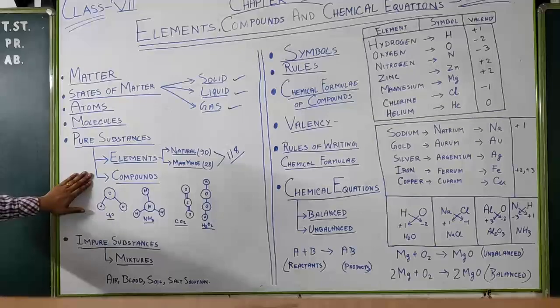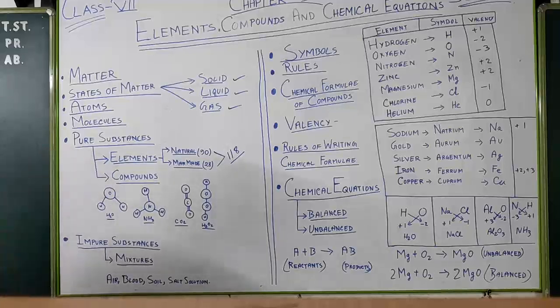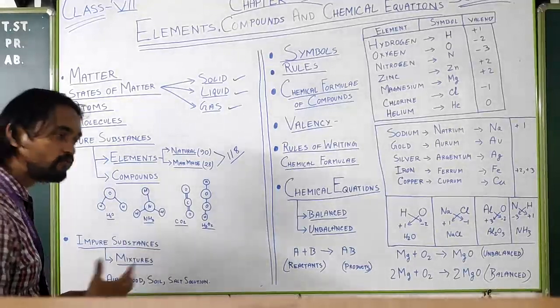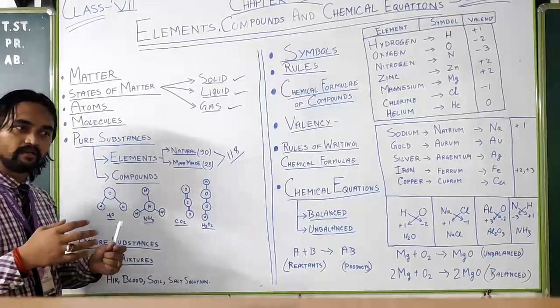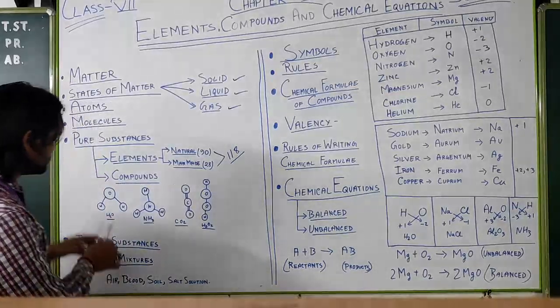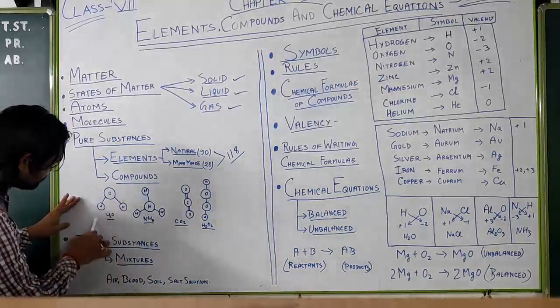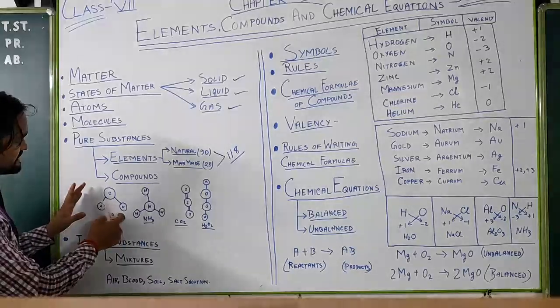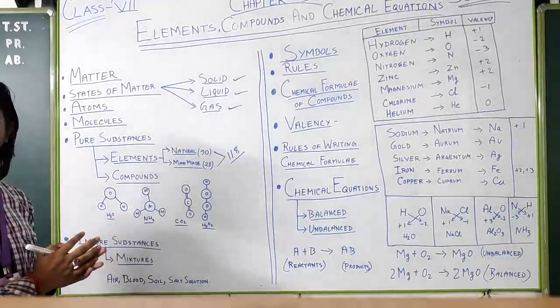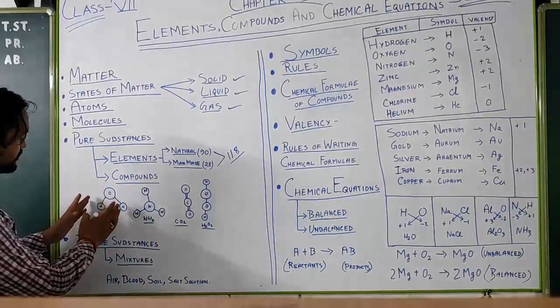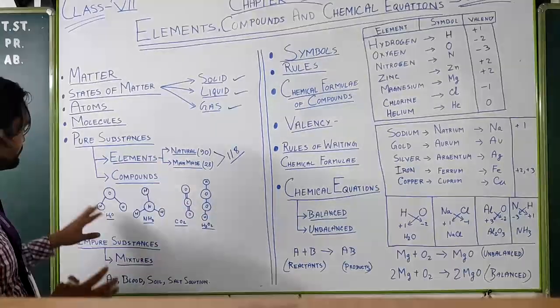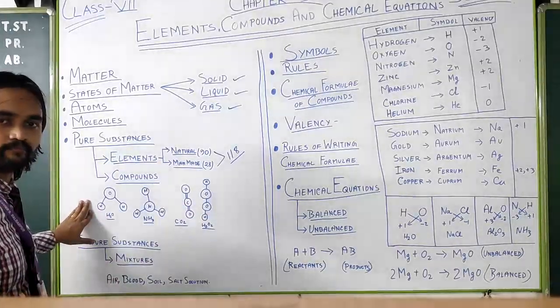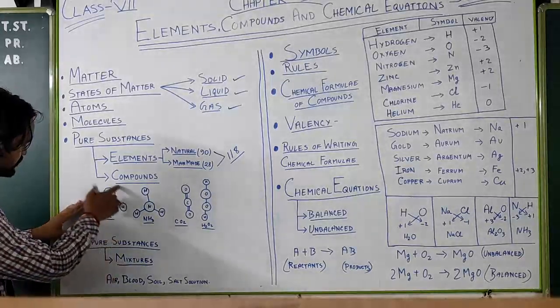All these substances, elements and compounds are pure substances. Why are they pure substances? They are pure because in water only we can see the molecules of water are present. Not a single atom of any other element is present here except water molecule.